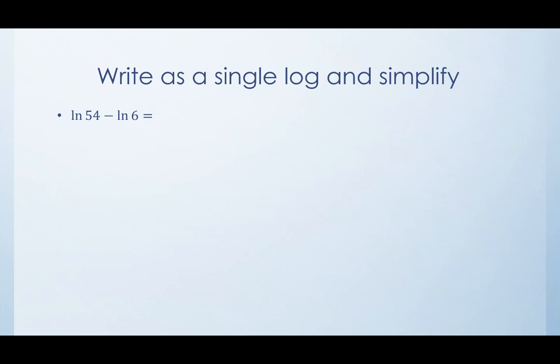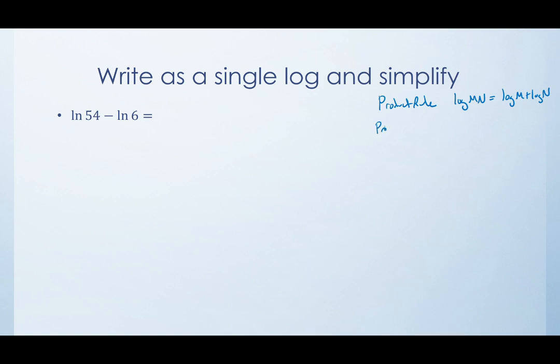All right, so we're taking what we learned about our 3 log rules and reversing what we were doing in the previous set of videos, right? So we've got our product rule, which was log of mn was log of m plus log of n.